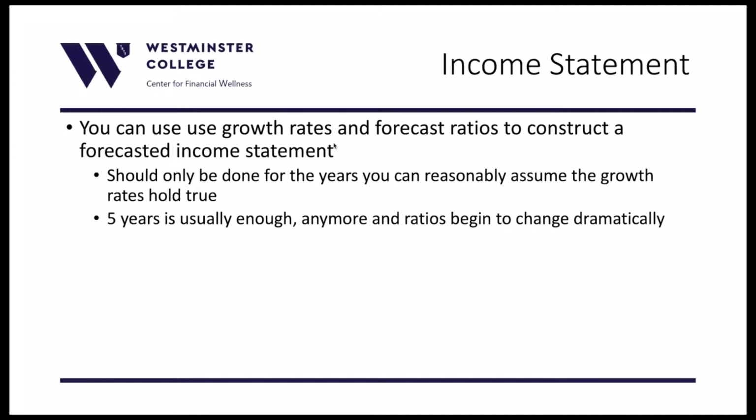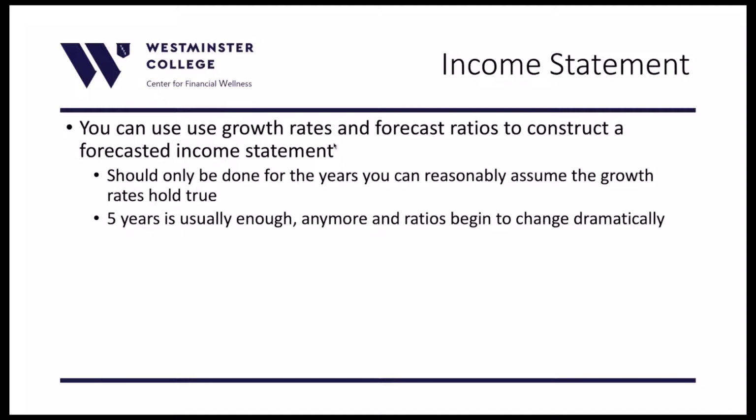So to construct an income statement from forecasted revenues, there's a couple things you got to understand, and that is you can only forecast for years that you can reasonably assume the rate holds true. After so long, the rate does not hold true because this can't last forever in some cases. So let's say that your industry can experience 10% growth year over year for the next 5 years.